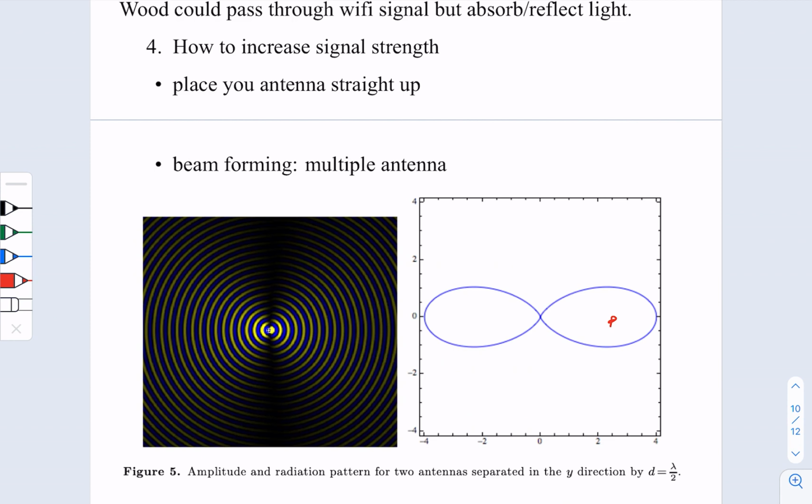Remember that E and B will both increase by a factor of 2, but the intensity will increase by a factor of 4, right? That's the increase of your signal strength.